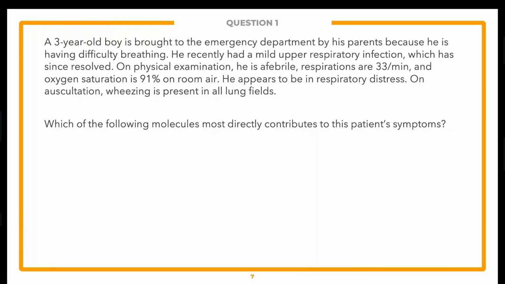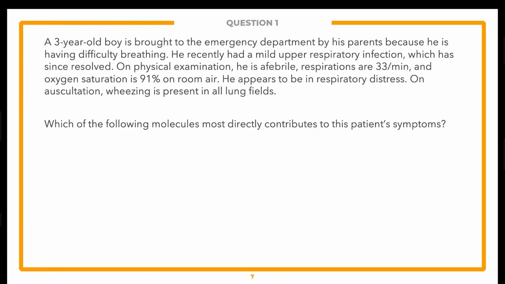But you may not necessarily know what you should be focusing on, or what it is you're trying to get to. If you don't really know what the goal is, you may just try to absorb things that are either irrelevant, or you'll have to go back to it. So knowing that you're going to be trying to determine molecules that are contributing to a patient's symptoms, now you can read the vignette almost as if you've got a compass, right?